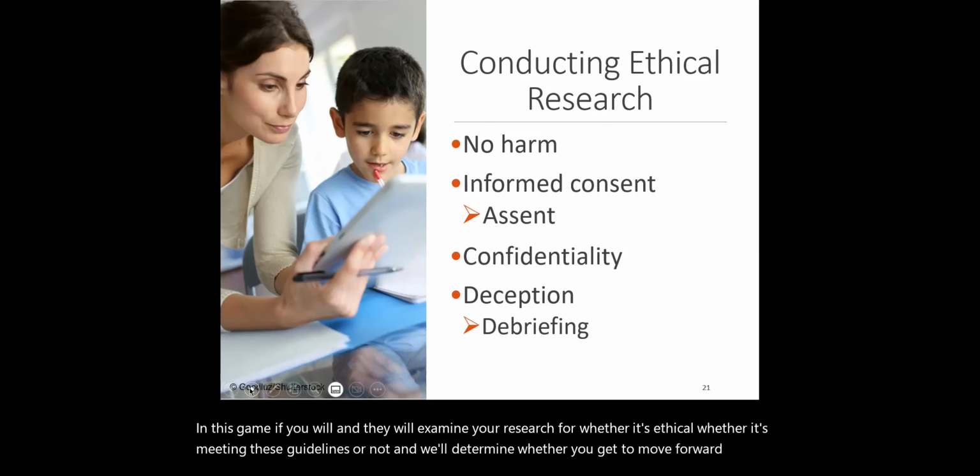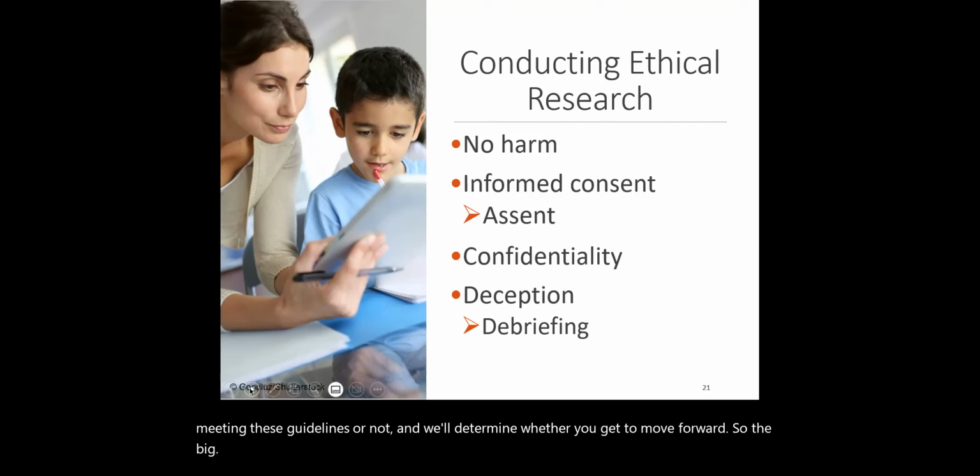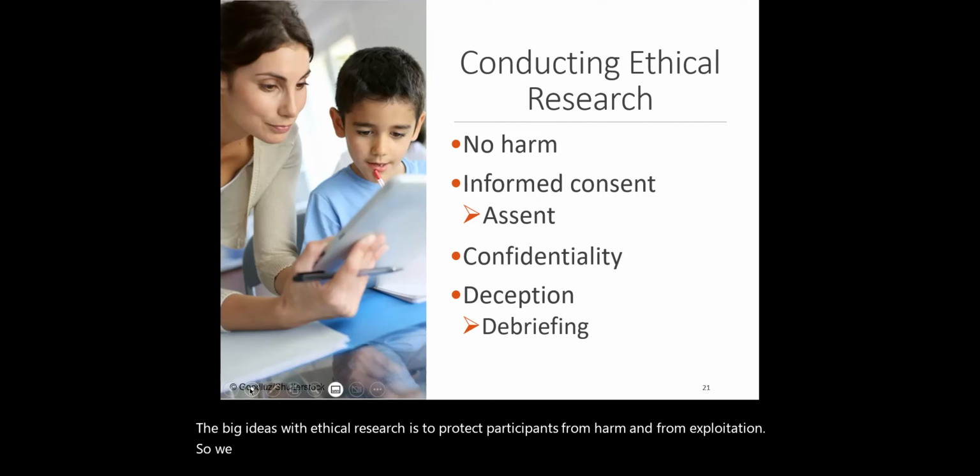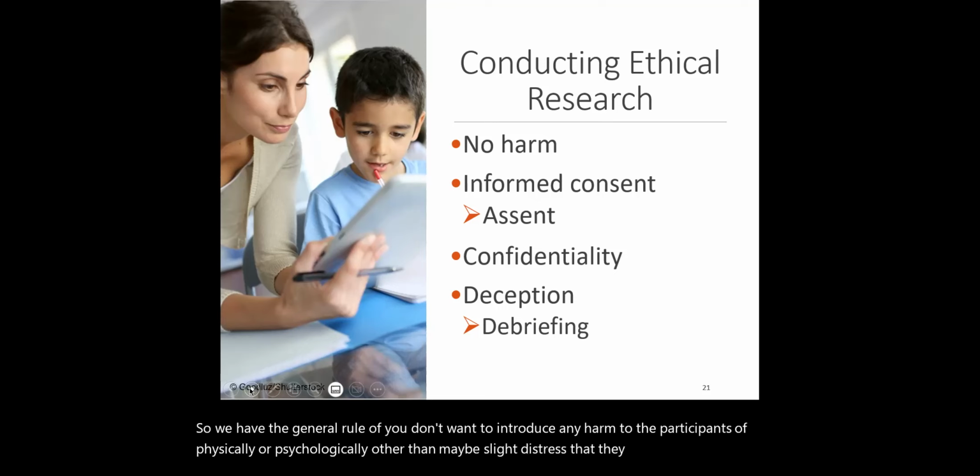So the big ideas with ethical research is to protect participants from harm and from exploitation. So we have the general rule that you don't want to introduce any harm to the participants physically or psychologically, other than maybe slight distress that they might encounter in their everyday lives.